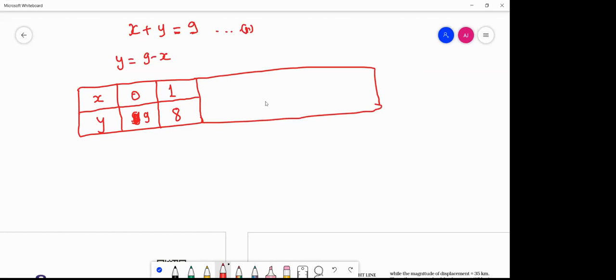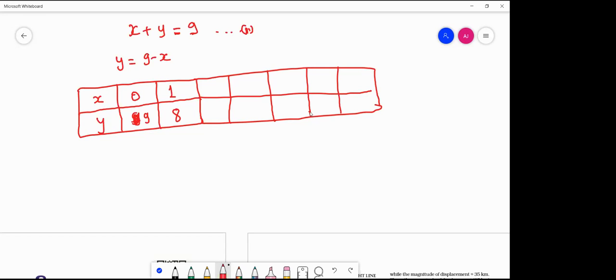So these are the solutions. When I put different values of x, I will get different values of y, and these pairs of values of x and y will be called solutions. If I put x equal to 0, I got y equal to 9. If I put this value 0, 9 in the given equation, 0 plus 9 equal to 9. 1 plus 8 equal to 9. If I put x equal to 2, I will get 7, and 7 plus 2 equal to 9.